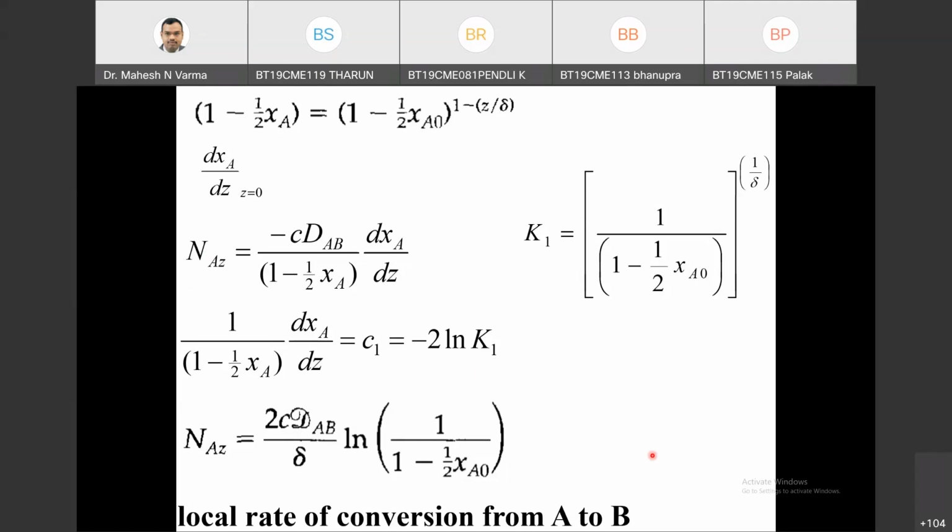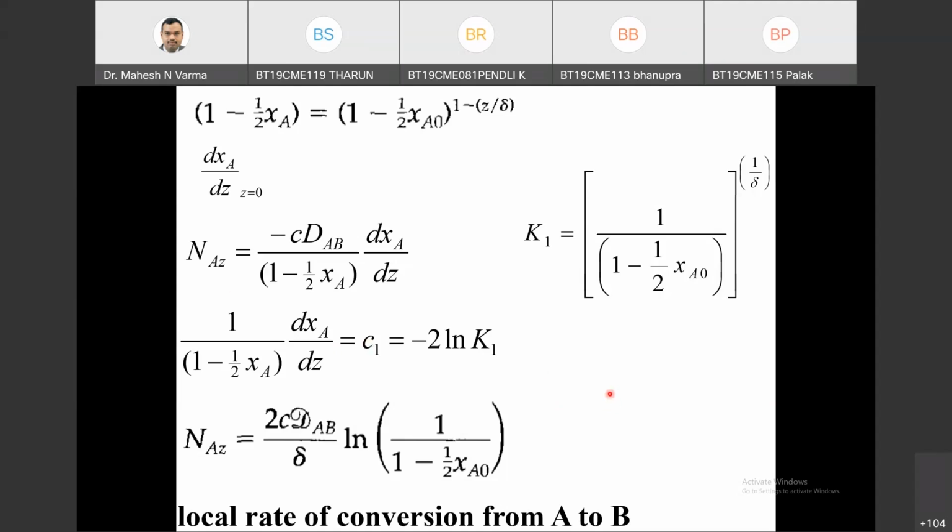Yeah. In this case, the reaction was very, very fast. So will the overall design be controlled by mass transfer or kinetics? Mass transfer. Yeah.